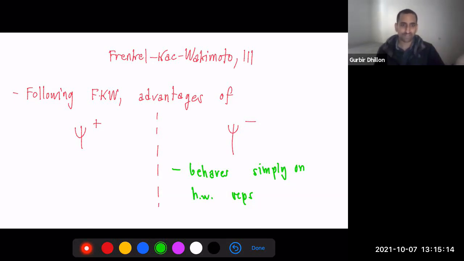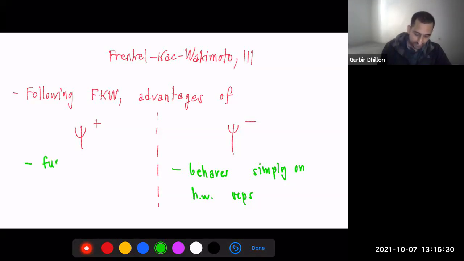It doesn't really matter. Unfortunately, some of the properties that we mentioned for SL2, like sending vertex algebras to vertex algebras, won't hold for the minus reduction.